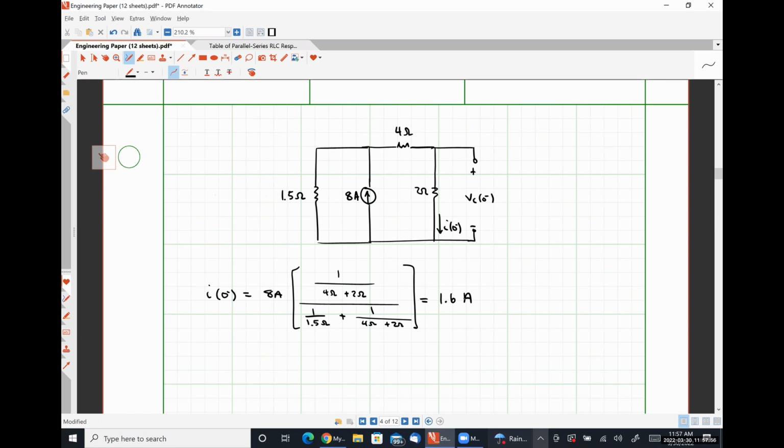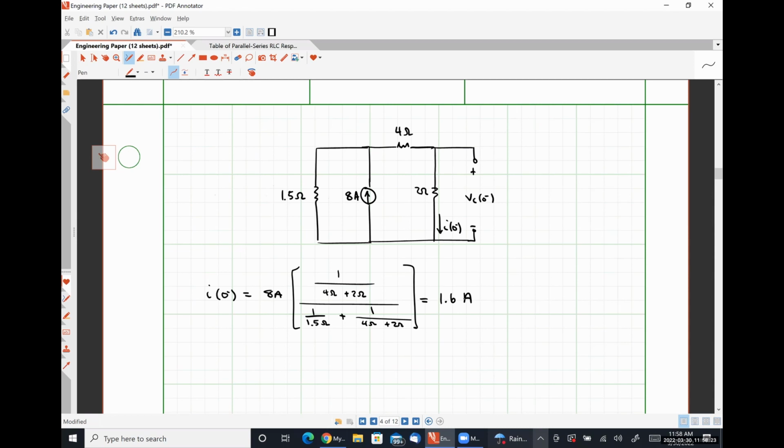So this is 1/6 over 4/6 plus 1/6. So that's going to be 1 over 5 times 8, which is 1.6. Yeah, okay. Works out if we do it in our heads as well.